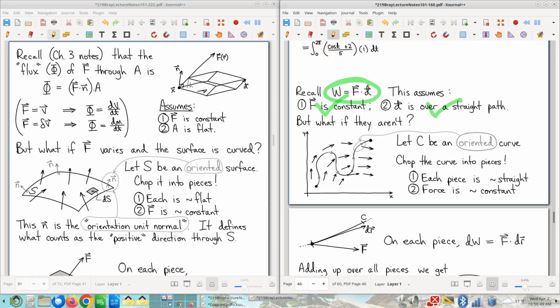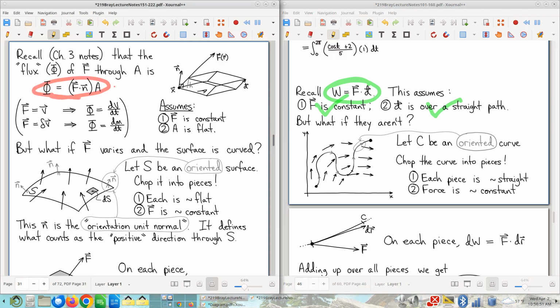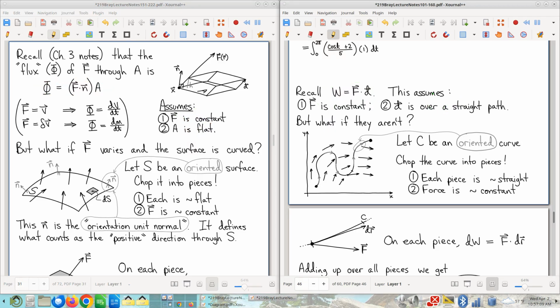Here, we have an old formula that's computed based on a constant vector field and a flat piece of area. Very similar. Eyebrow raiser, right? It looks highly analogous in certain ways anyway. So just for your consideration, what did we do in the case of the curve?